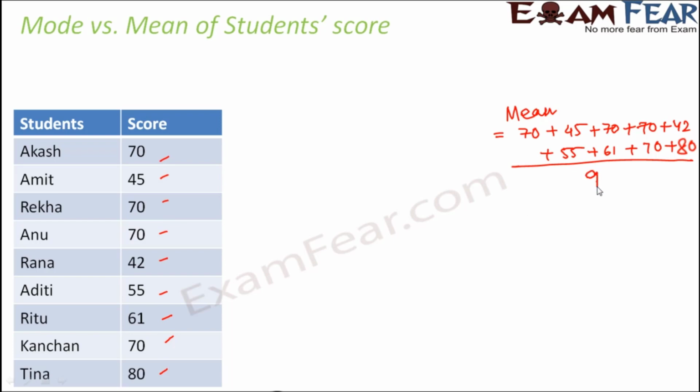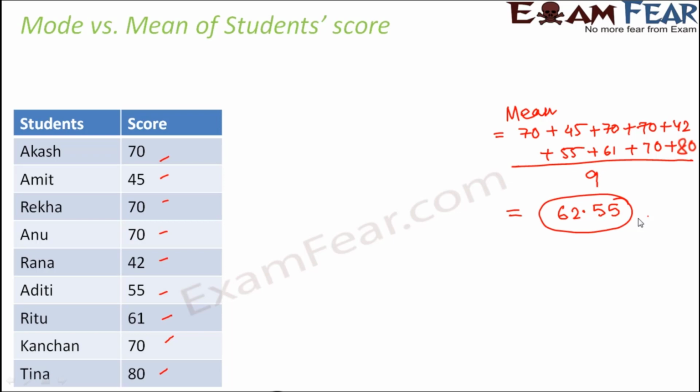So this divided by 9. The value that you get is 62.55. So this is the mean. That means the average score of the class is 62.55. If we assume that all the students have scored equal marks, then the score of each student is 62.55. So this is the meaning of mean of the student score.